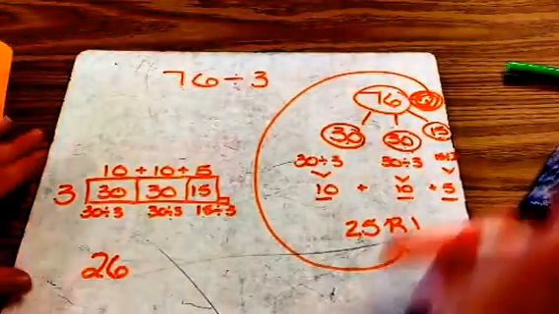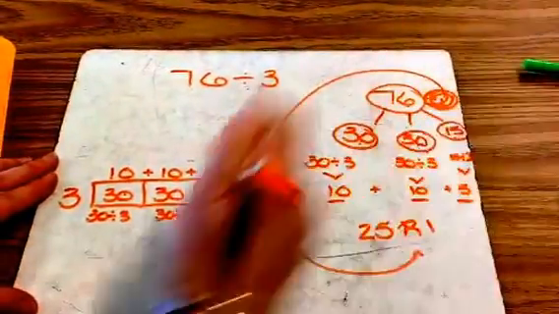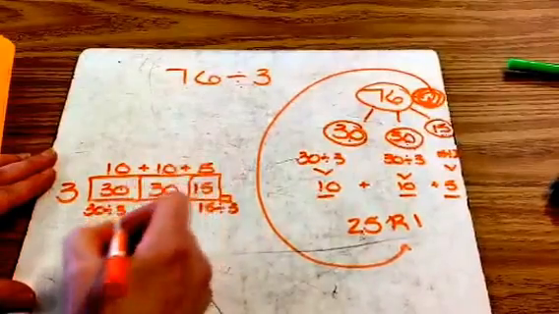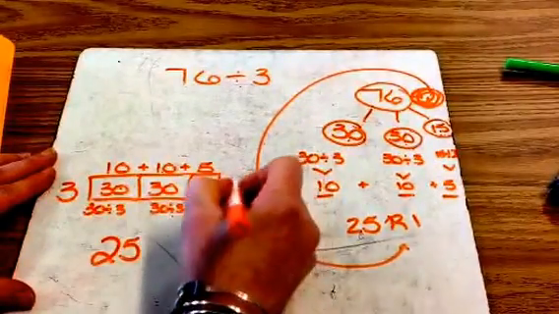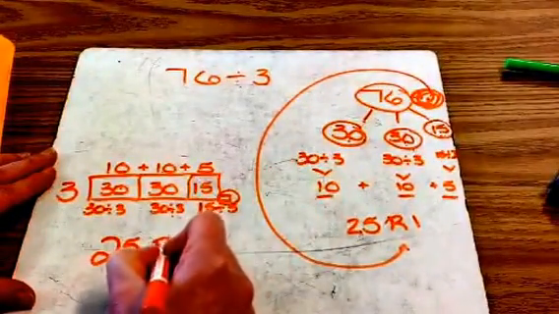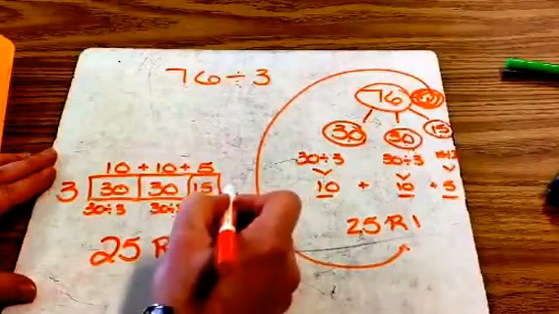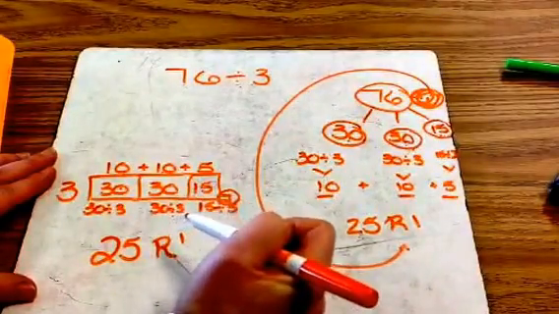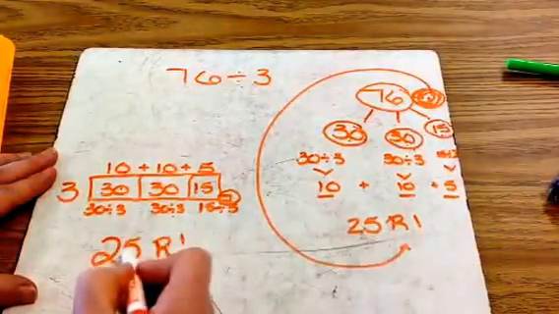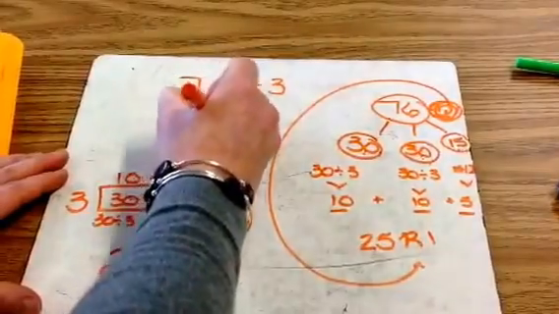Ignore that last piece. That's not right. 10 plus 10 is 20, plus 5 is 25, with a remainder of 1. We can't add that on. That's not a whole piece. With a remainder of 1.